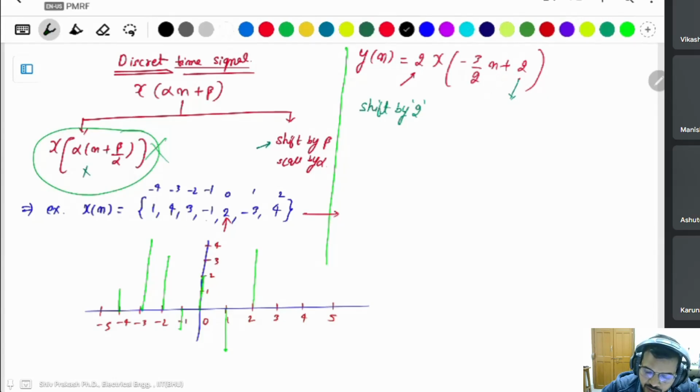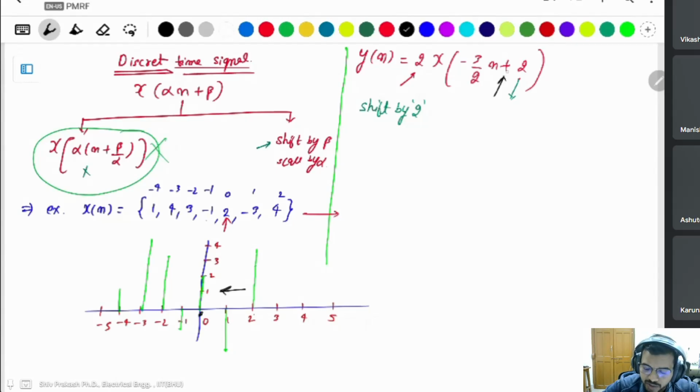If positive, the whole signal goes to the left. Shifted by plus positive means this value is shifted to here, and 2 comes on the 0 position. The whole signal is shifted to the left because of the positive.